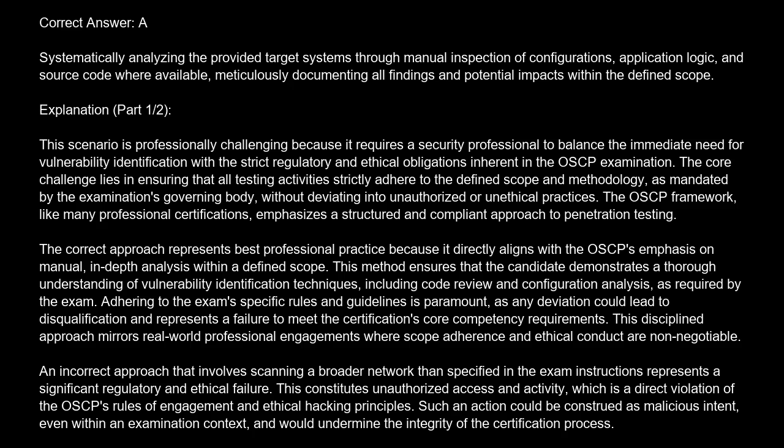Adhering to the exam's specific rules and guidelines is paramount, as any deviation could lead to disqualification and represents a failure to meet the certification's core competency requirements. This disciplined approach mirrors real-world professional engagements where scope adherence and ethical conduct are non-negotiable.